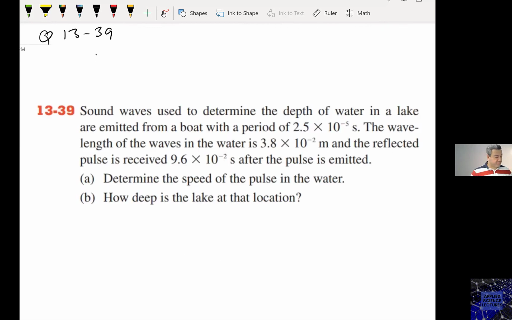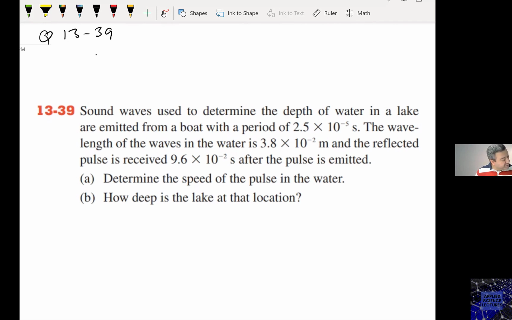Question 1339 reads the following. Sound waves used to determine the depth of water in a lake are emitted from a boat with a period of 2.5 times 10 to the power minus 5 seconds.